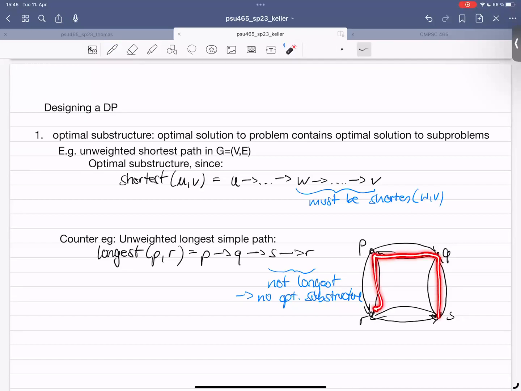But then if you wanted to concatenate the longest path from P to S, you would like to reuse some of the vertices that you already have used in the other subpath. And so the two subpaths that you want to stick together to form the longest path of the entire problem are not independent. And this dependence kills this optimal substructure.